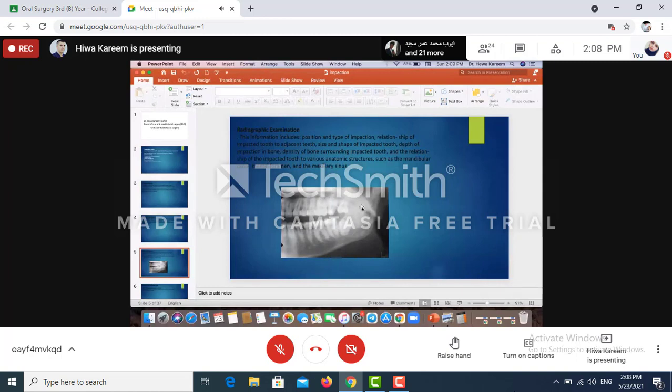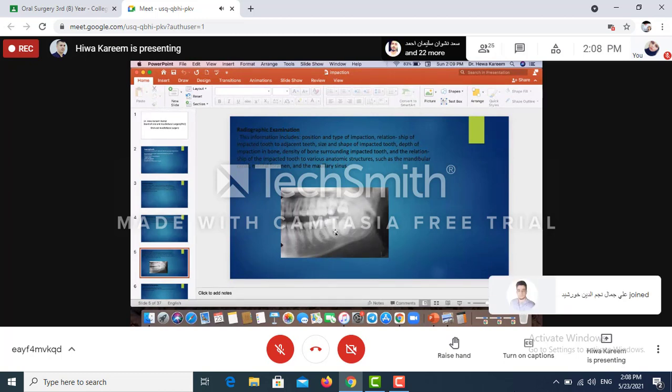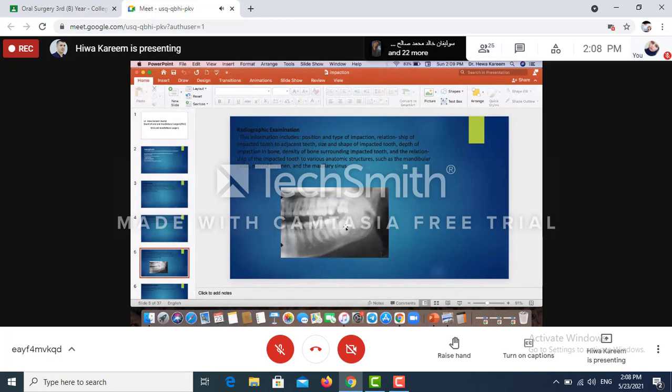The X-ray gives you information about the position and type of the impaction, the relationship of the impacted tooth to adjacent teeth, the size and shape of the impacted tooth, the depth of the impaction, how many third molars are inside the bone, the density of the bone surrounding the impacted tooth, and the relationship of the impacted tooth to various anatomical structures.